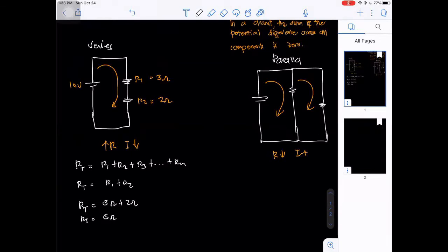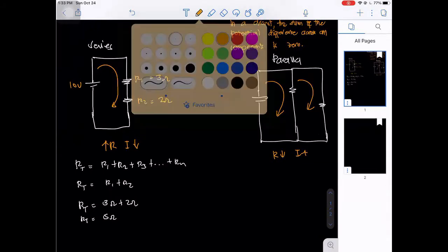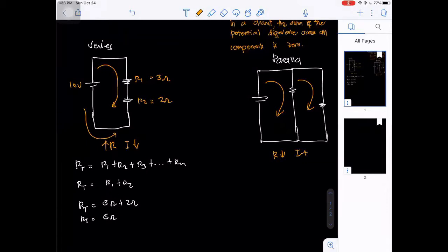This is because it follows the flow of positive charges. However, electrons flow from negative to positive. Here we'll just use the conventional current flow.